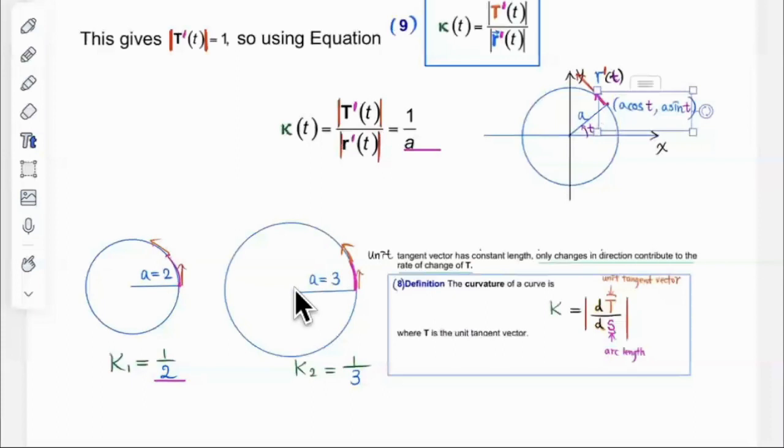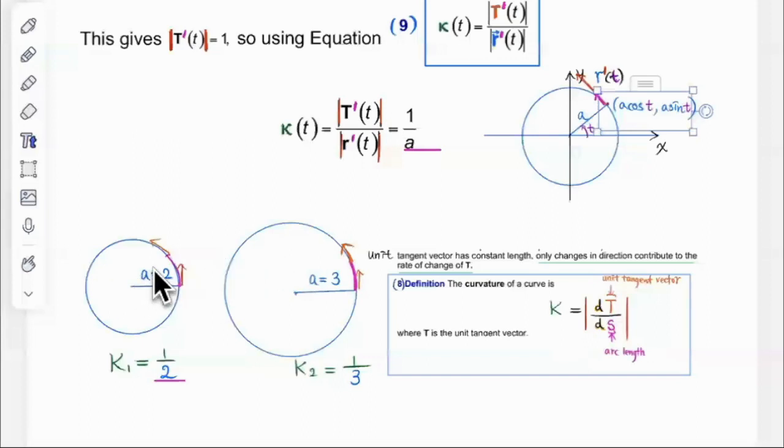When the radius of the circle is 3, the curvature is 1/3. Which makes sense. When a circle has a smaller radius, the curvature is actually bigger than when the circle has a larger radius. Here, the curve changes direction more quickly.